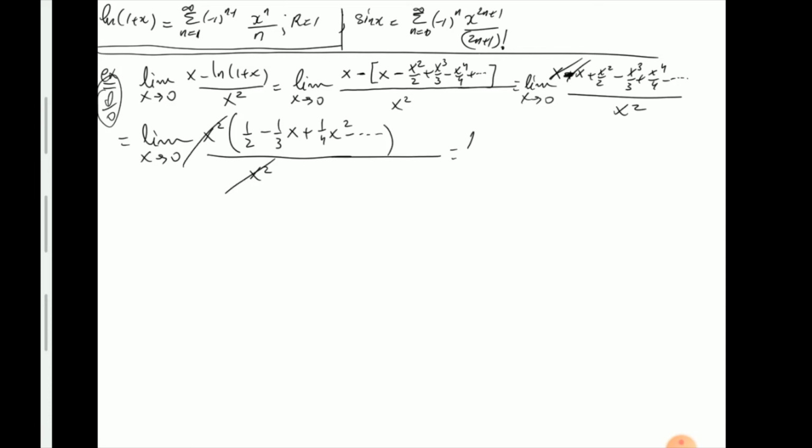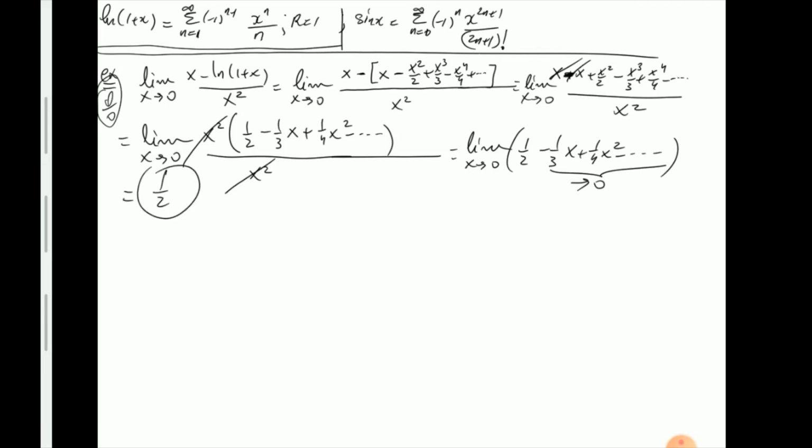And then finally you end up with the limit, which is no longer indeterminate, so you can just compute it. All the terms will have x to a certain power, which means they will approach 0. So when you pass the limit, as x goes to 0, you're just left with 1 over 2. So the limit of x minus ln of 1 plus x over x squared is just 1 over 2.